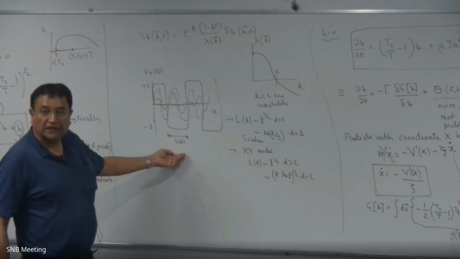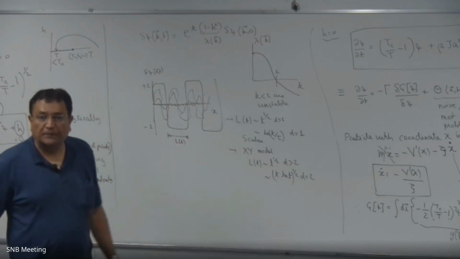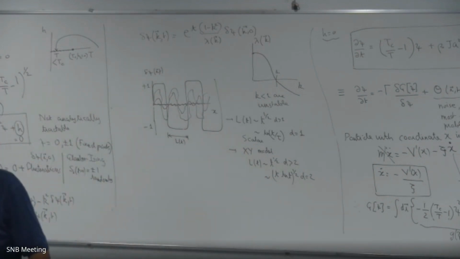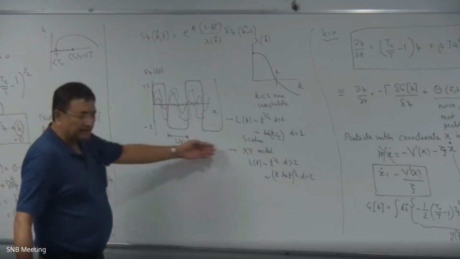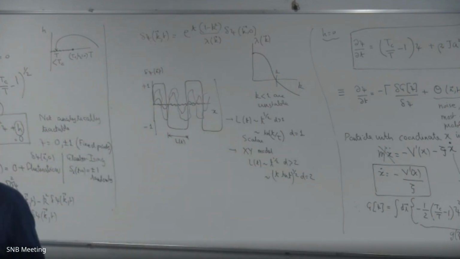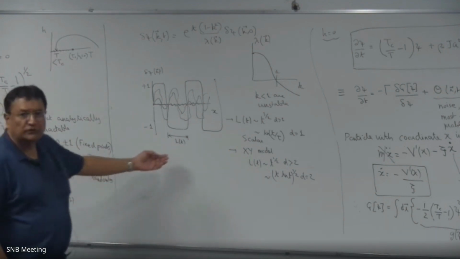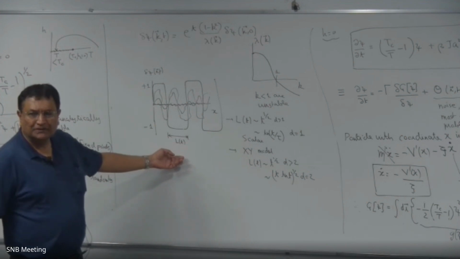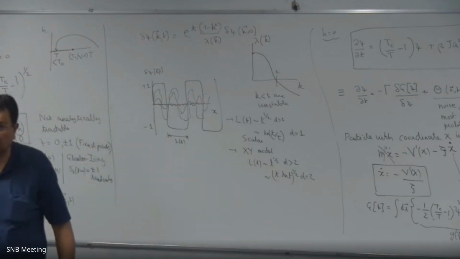You started off with no domains at all. As time goes on, the domains are growing, and they're growing as a square root of time. If you take a finite system, there is a restriction on the length, so when you hit that length, you stop growing. It will reach that length by this law. There may be corrections when you are very close to the overall size of the system, but this applies pretty much till the end of the process.